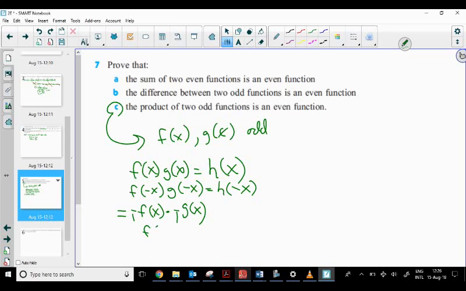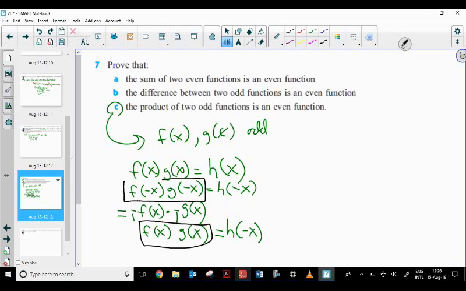So that gives me f of x times g of x. And this must all be equal to h of negative x. So wait a second. h of negative x is equal to this function, but h of negative x is also equal to this function. Notice here that I have an even function rule happening because I have the same thing occurring when I have positive x and negative x.